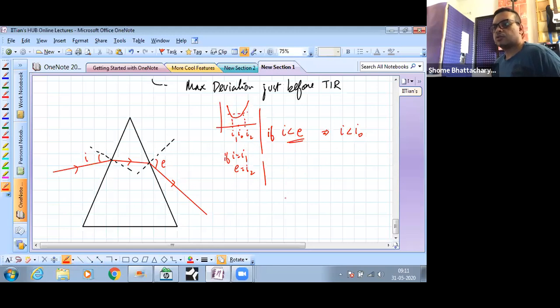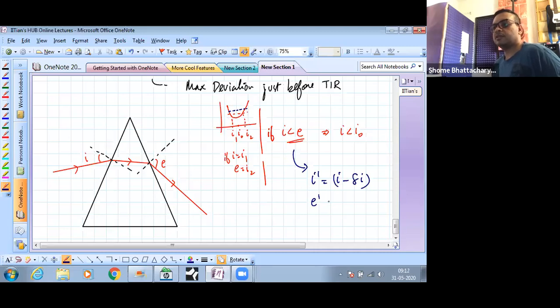Okay. So if we change our angle of incidence to I minus delta I, then our angle of emergence will increase. We'll go from this to this. So if I'm bringing the angle of incidence to less than I1, then the angle of emergence will increase to more than I2.